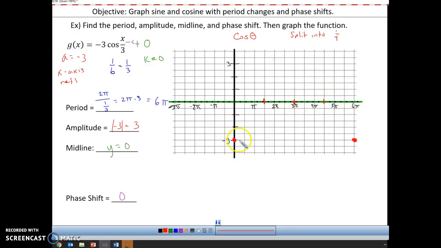So cosine is going to be minimum. I'm going to have an intercept here at my midline, and then I'll have a maximum, an intercept, and then another minimum. So this is what the graph should look like.